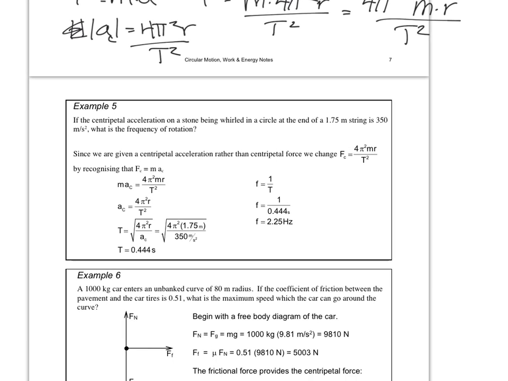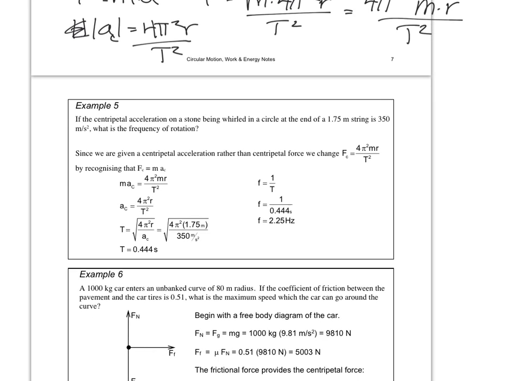If the centripetal acceleration on a stone being whirled in a circle at the end of a 1.75 meter string is 350 meters per second squared, what is the frequency of rotation? So we have the radius, which was 1.75 meters. The acceleration it is experiencing is 350 meters per second squared, and we are being asked for the frequency.